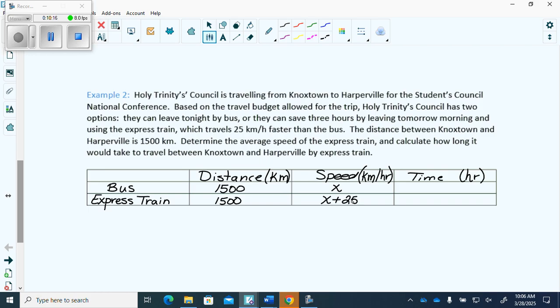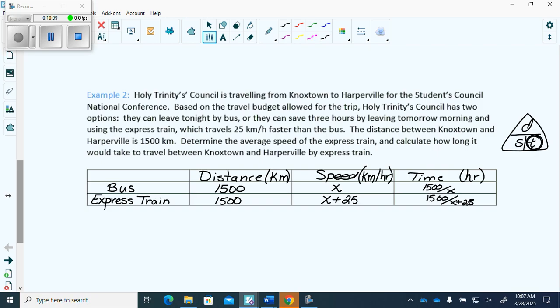And then the time you get from the triangle. So it's always distance divided by speed. So it's 1,500 over x, and this one's 1,500 over x plus 25. Now the catch here is they didn't give total time. Total time is the easiest one, right? You just add them up, set it equal.